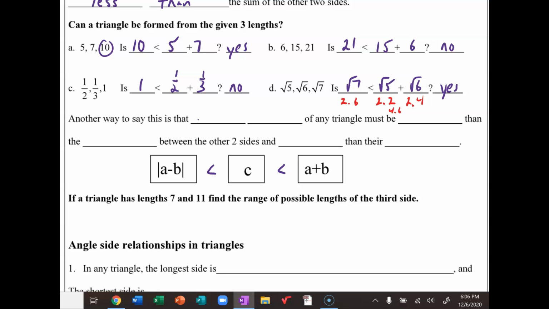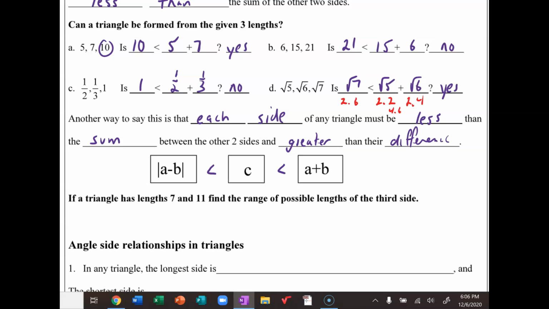So another way to say this is each side of any triangle must be less than the sum of the other two sides and greater than their difference.